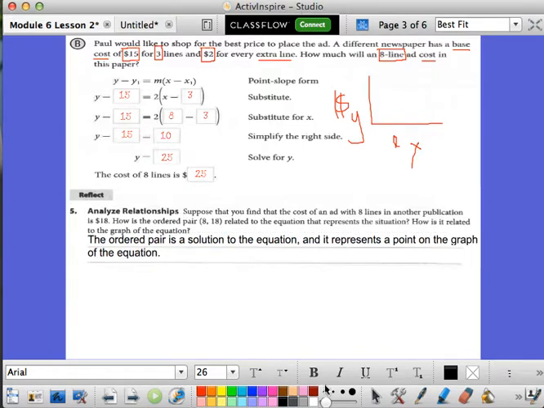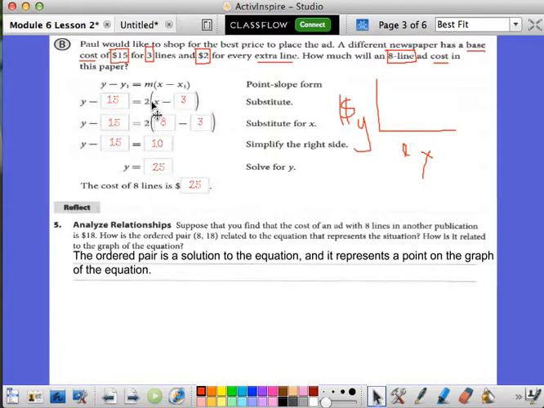Okay, so anytime, so even up here, the point would be 8 and 25. So 25 is not only a solution to this equation, but it's going to be a point on the graph. And that's going to be the case for any points that work within your equation. Not only do they solve the equation, but that means that they have to be on the graph.